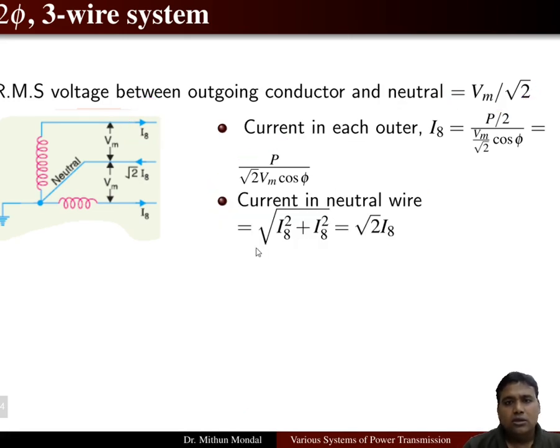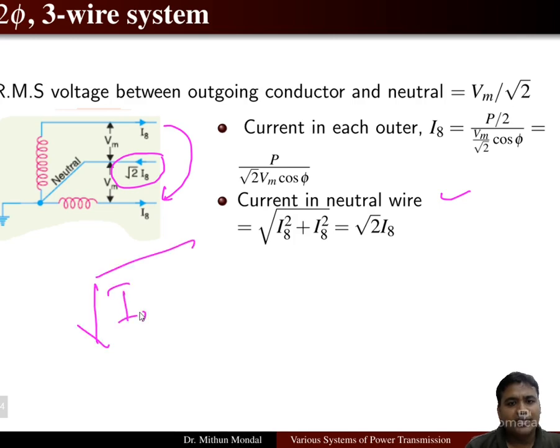Now you have to determine what is the current in the neutral wire. So current in this neutral wire is basically the square root of the sum of I8 square in the outer 2 conductors. This will give you the neutral current. Okay, so neutral current is root 2 times the outer wire current.